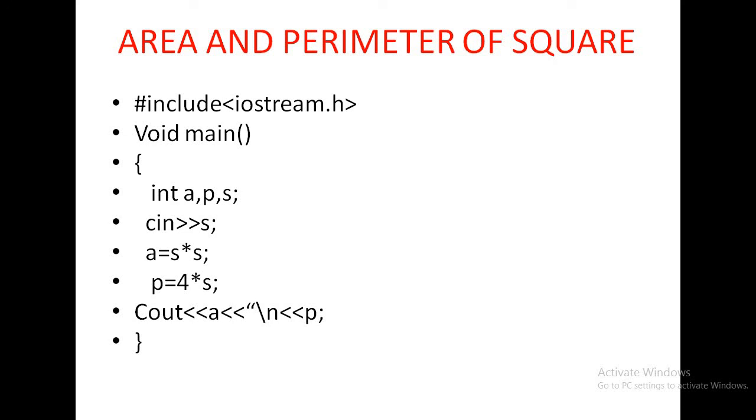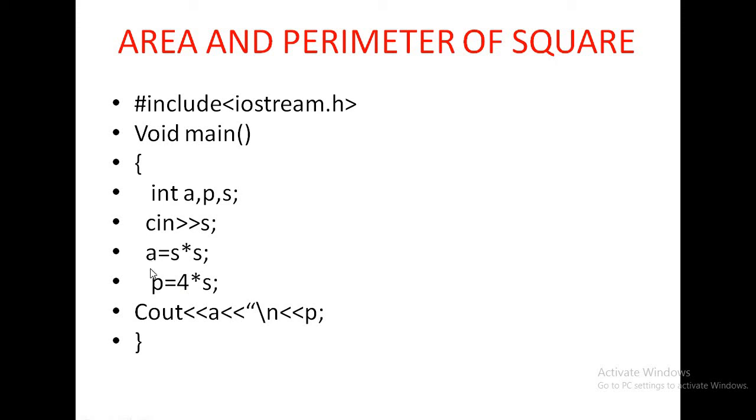The area of a square is side into side, and the perimeter of a square is 4 into side. So here A means area, P means perimeter and S means side of a square. A is S into S, P is 4 into S.